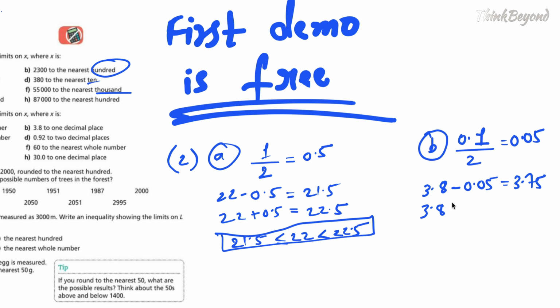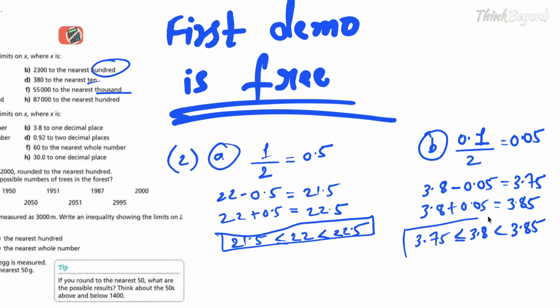Then 3.8 plus 0.05 will give you 3.85. So the inequality becomes 3.75 is less than or equal to 3.8, which is less than 3.85. Inequality for question B.